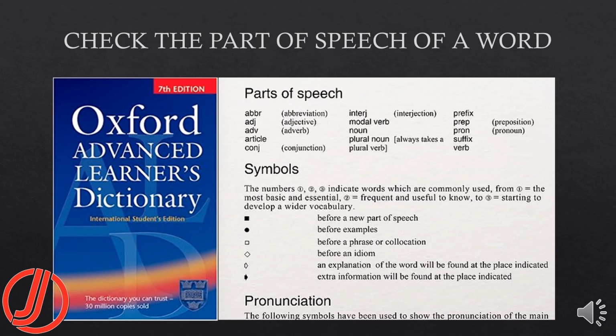Then check the parts of speech of a word. So this is the abbreviation list. ADJ stands for adjective, ADV for adverb, ART stands for article, CON for conjunction. So there is a complete list of abbreviations in the beginning section of Advanced Learner's Dictionaries.